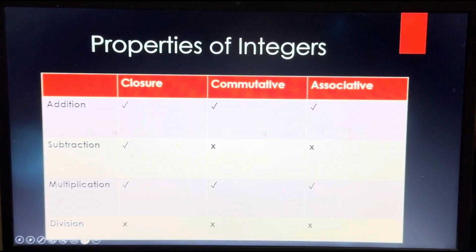Even if you subtract any two integers, you will get the answer as an integer. And also in the case of multiplication, when you multiply two integers, the product which you get is also an integer. But that's not the case in division. If you divide two integers, you may or you may not get an integer, right?